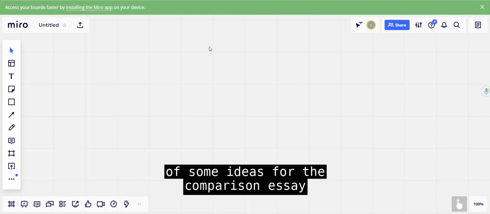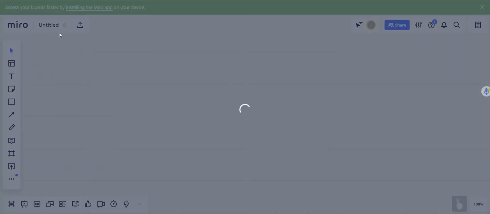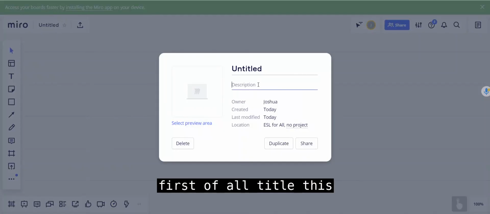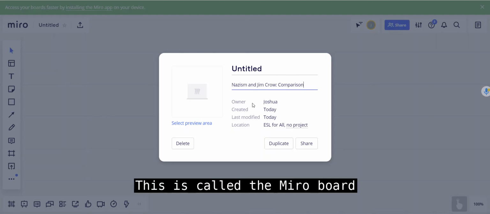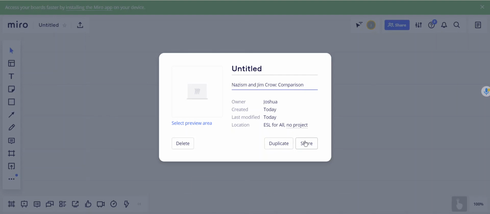Let's do a visual image of some ideas for the comparison essay. First of all, I'll title this. This is called the Miro board, and it's free.